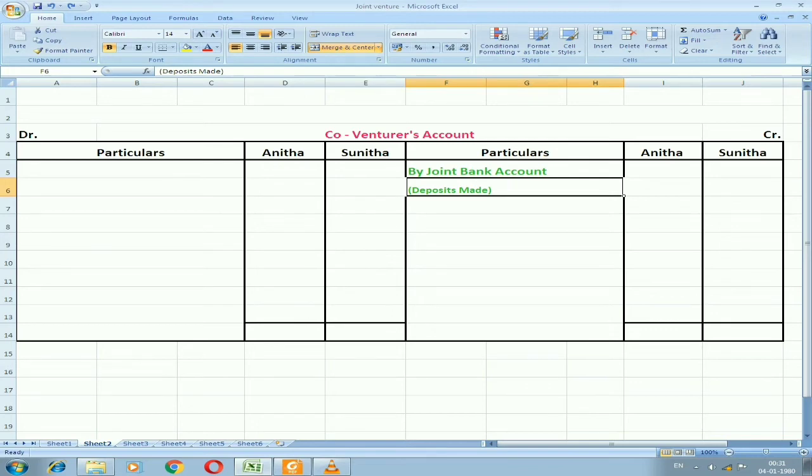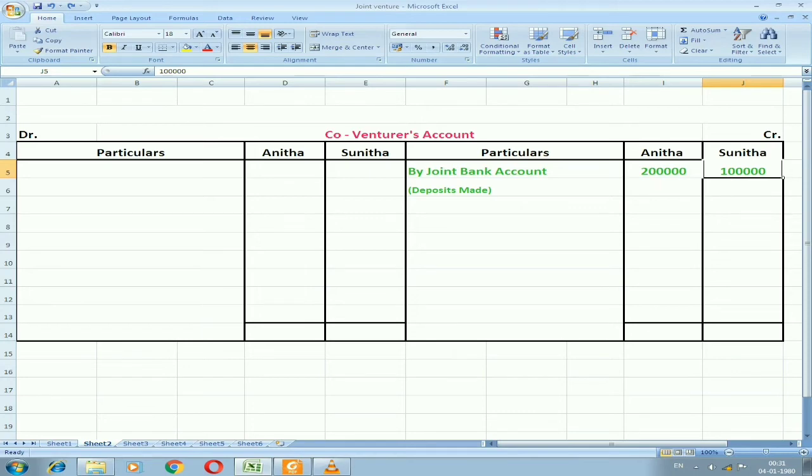Then we record the amounts: Anita deposited rupees 2 lakh and Sunita deposited rupees 1 lakh. Apart from this entry, all other information we are supposed to record under the co-venture account will already be there in the joint venture account. So on that joint venture account, in the name of co-ventures, there will be so many entries.